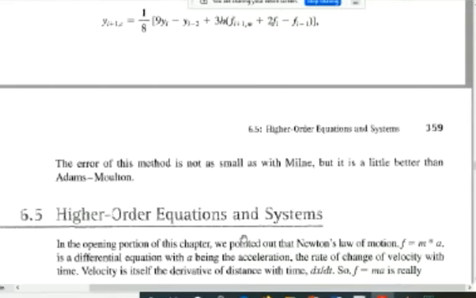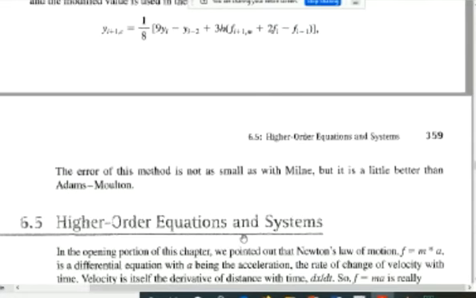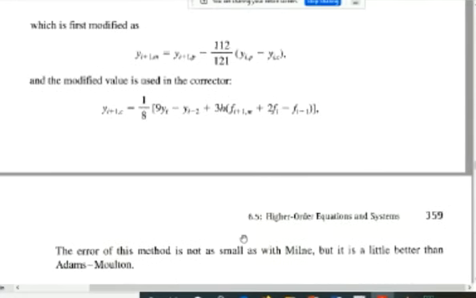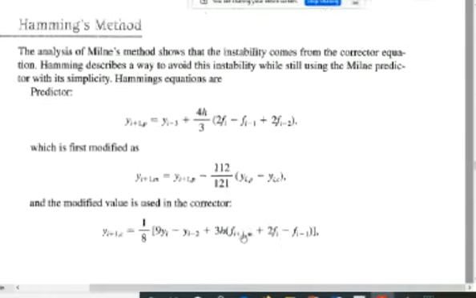The error of this method is not as small as with Milne's, but it is a little better than Adams-Moulton.